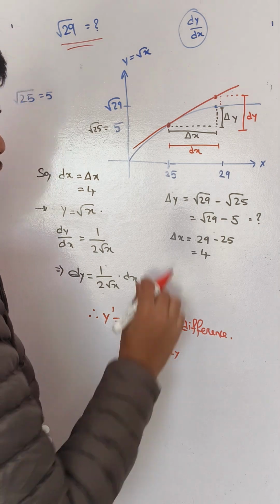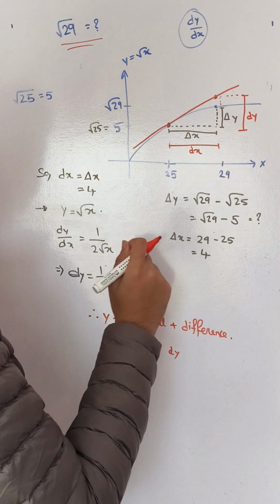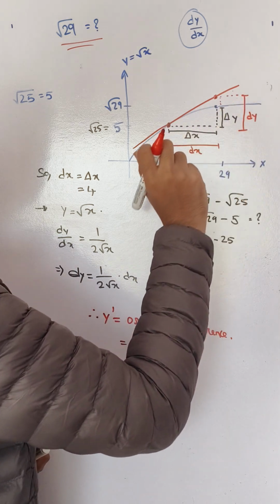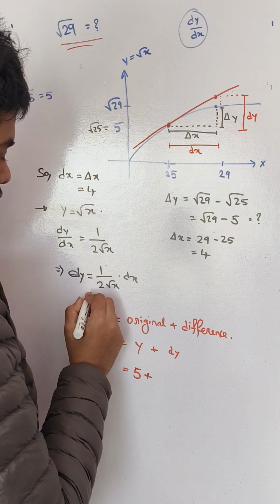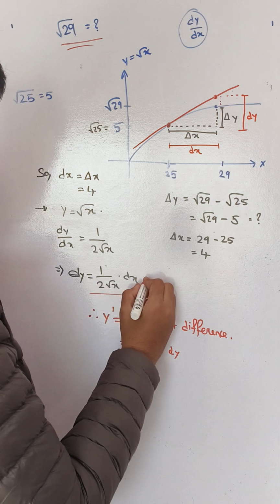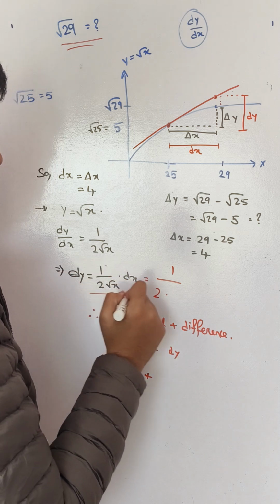So the value of y was 5 plus dy. So what is dy? We got it from here. Now put the value: 1 by 2 times root over x.